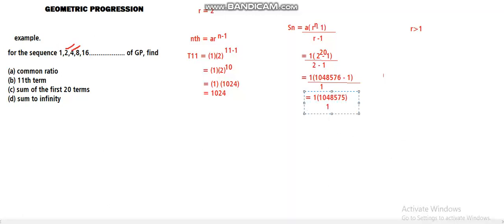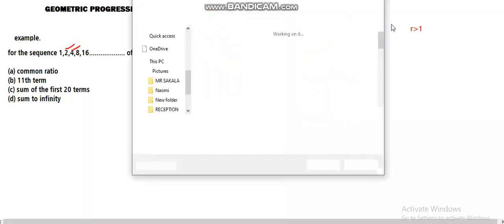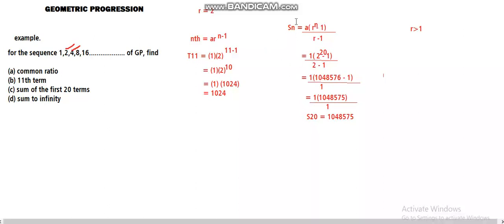I've already subtracted 2 minus 1, so it's giving me that. Whatever you divide or multiply here, you are going to get the same number. So the sum of the first 20 terms is this number here.